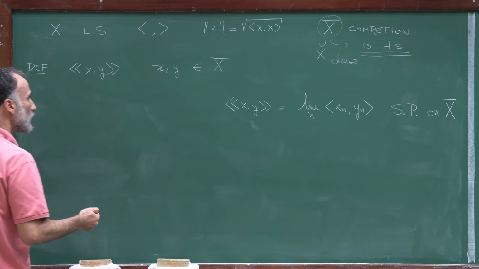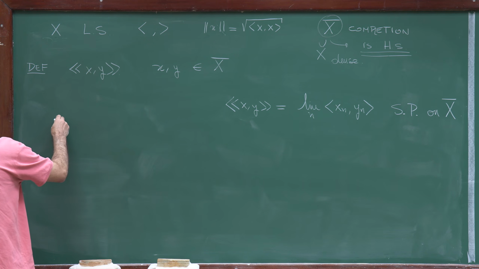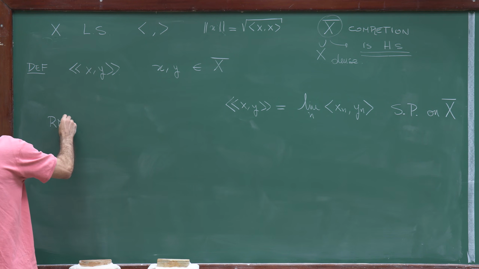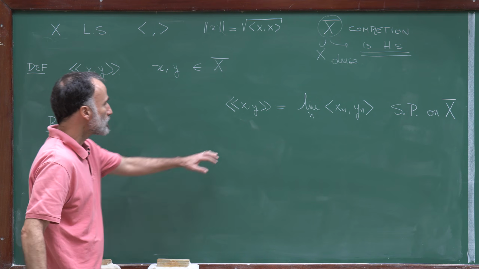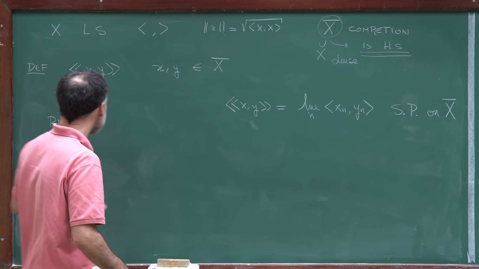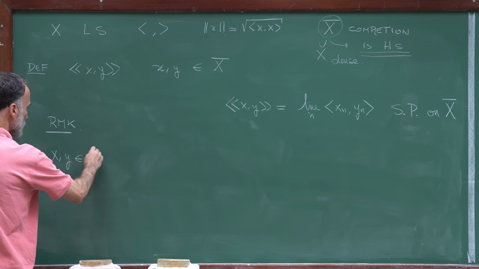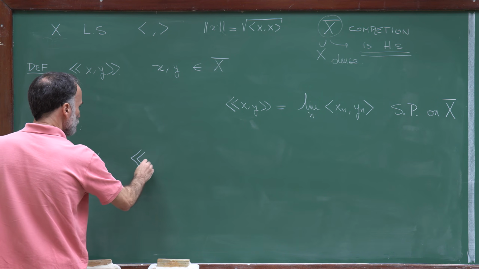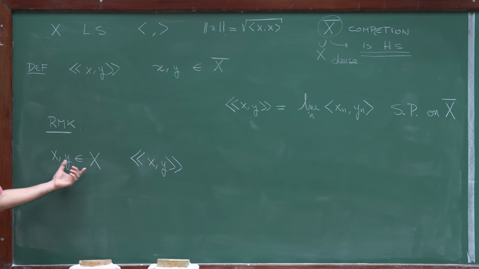So let me just, before we proceed, point out a remark which I should have raised before: the scalar product we just defined coincides with the original one on the space X. So if you take x and y in X, well, x and y belong to X bar because X is embedded in X bar.